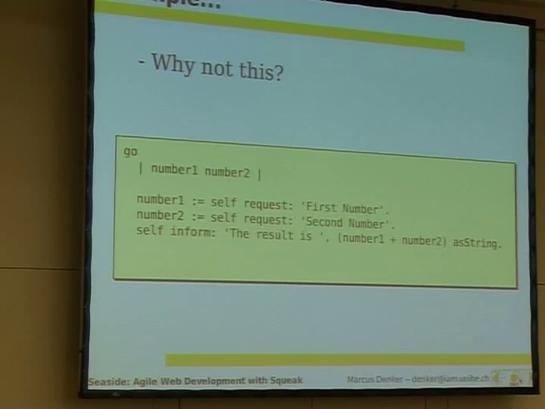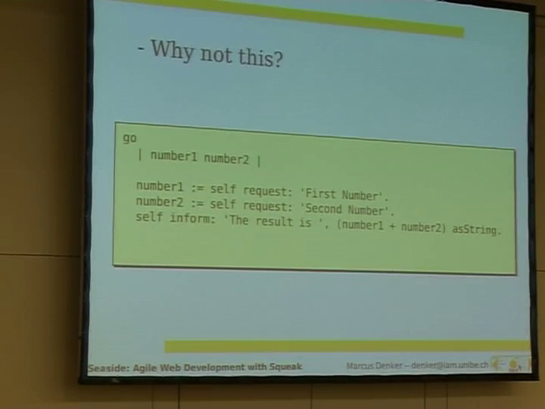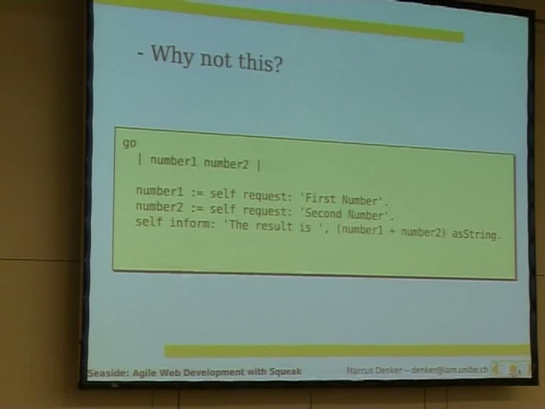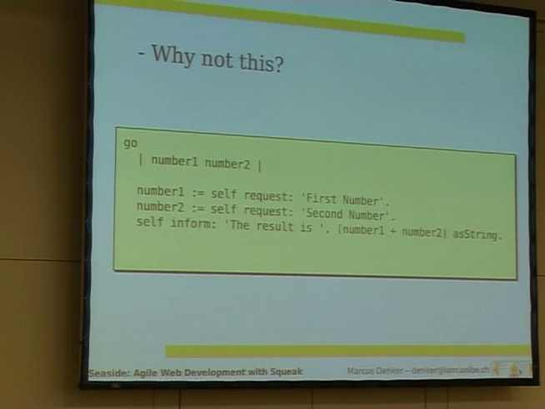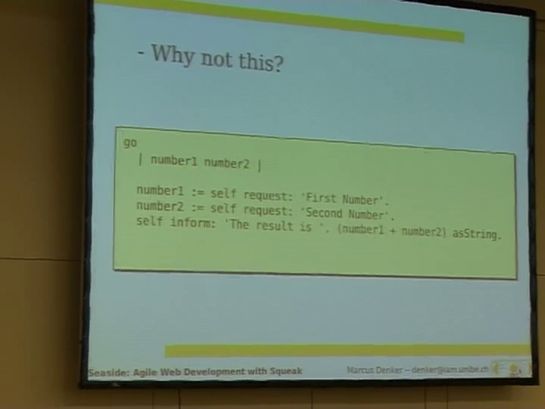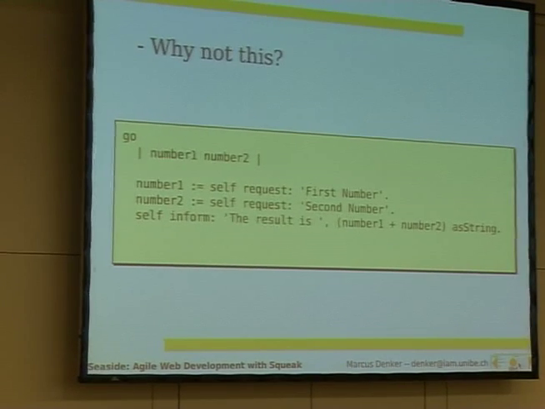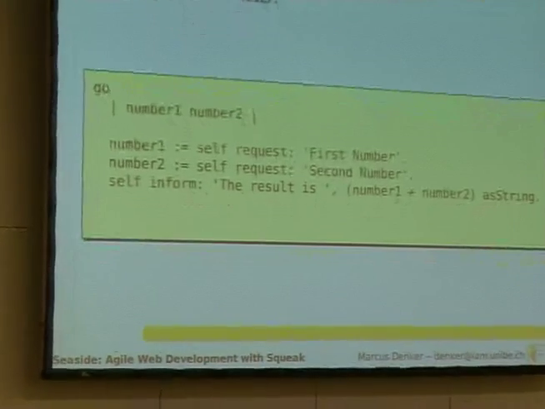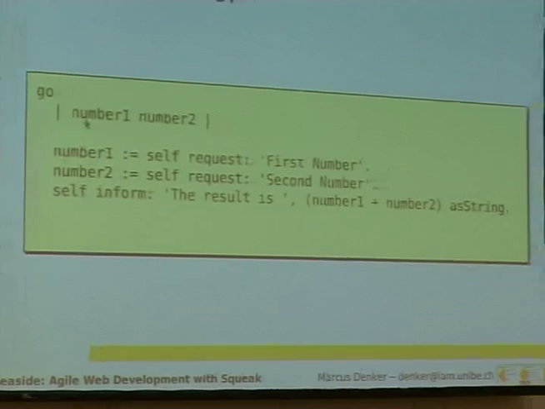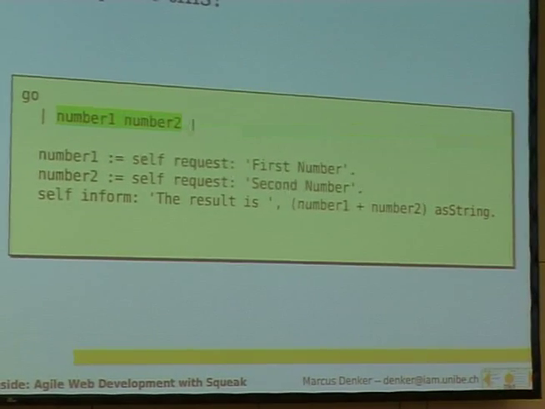So in the end, the question is, why can't I write this program with back button support and with copying the URL in the browser? Why isn't that possible with 3 lines of code like that? So I have two variables, number 1 and number 2.